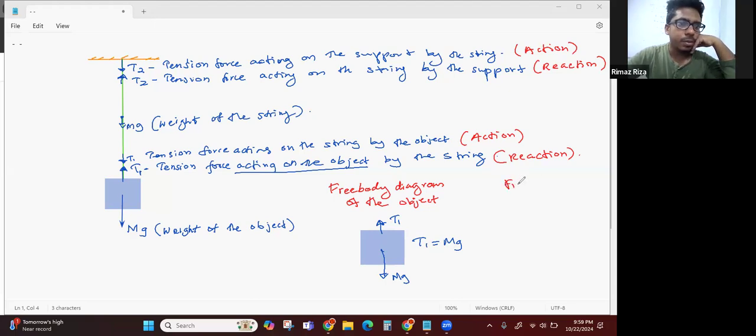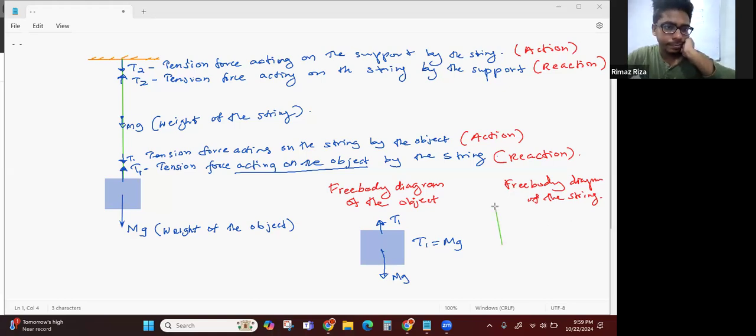And then I can write the free body diagram of the string. So I have to consider only the string separately.